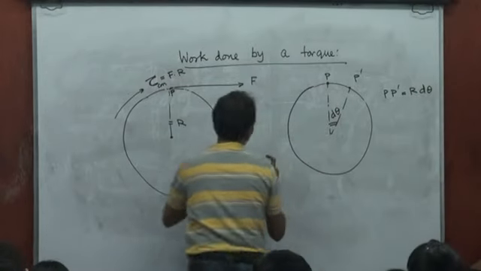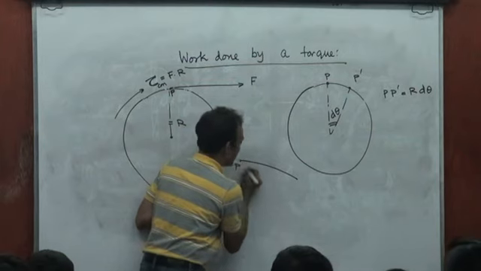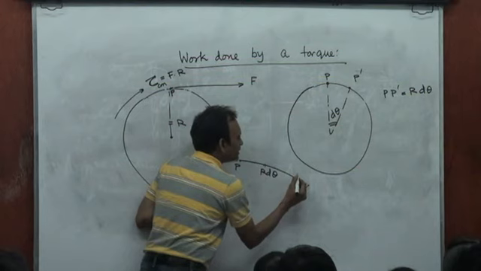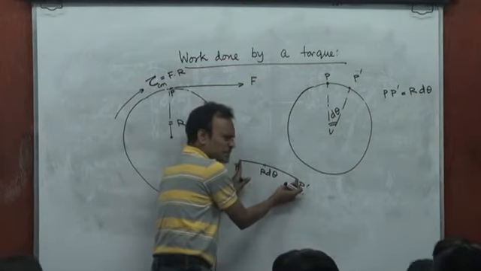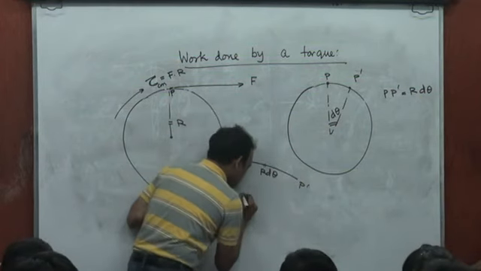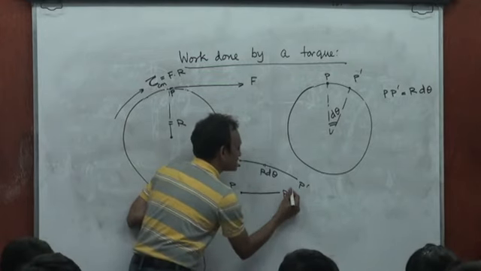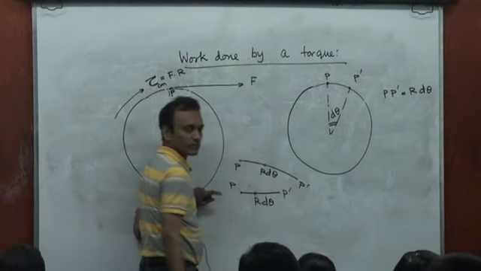Now, just to give you an enlarged view of the whole thing, this is PP prime, which is R d theta. Realistically, this is very, very small, so almost like a straight line. We can approximate PP prime like this, horizontally, R d theta.